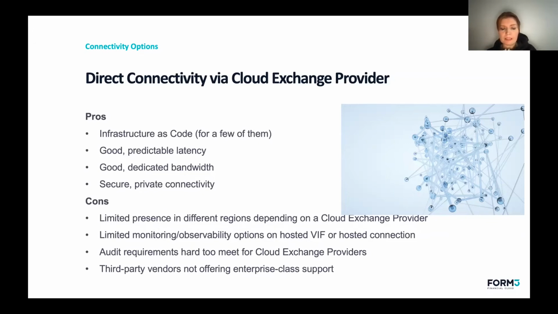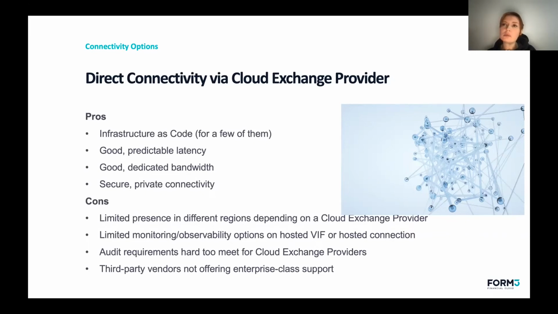And with Megaport, even in the London region, we had some problems with the high availability option, because the first link was directly in the London region, but the second, redundant link was routed via Frankfurt.